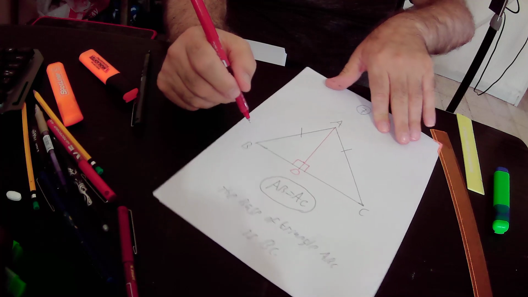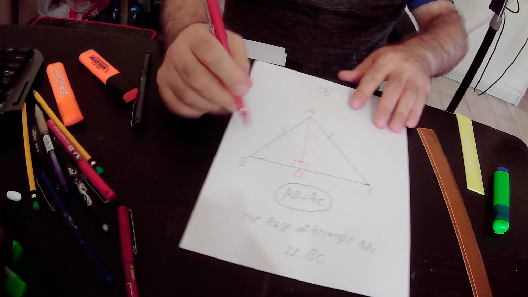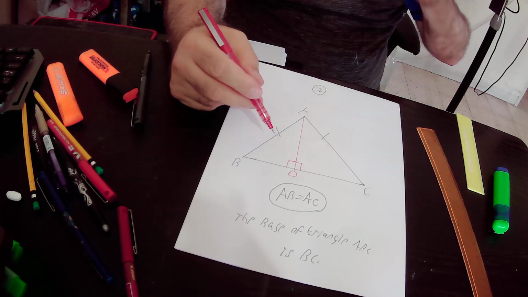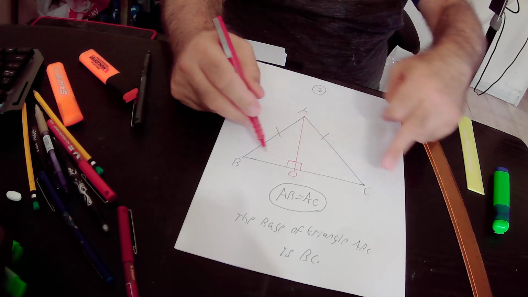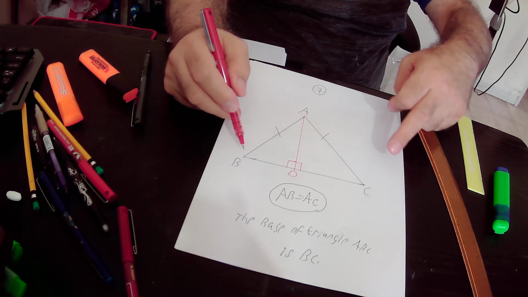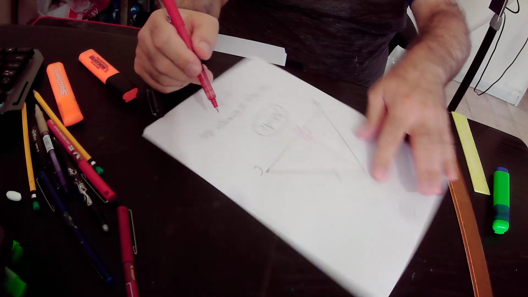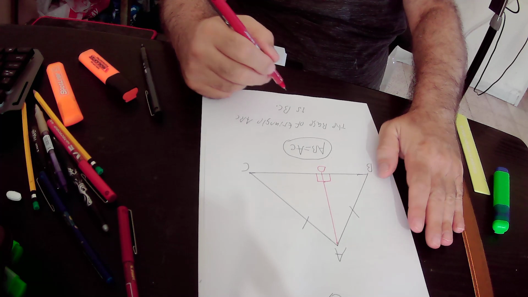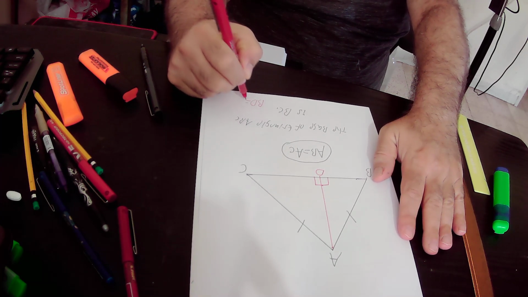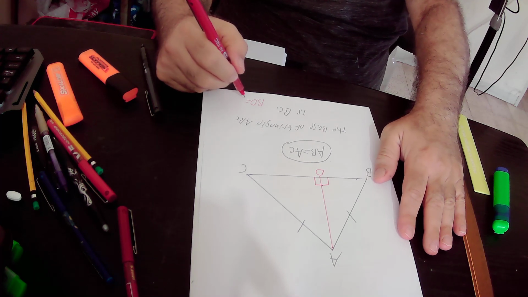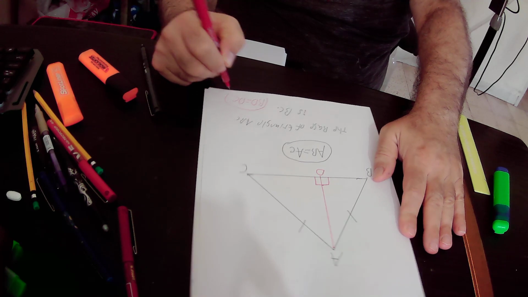According to rule number 3, the height to the base in an isosceles triangle ABC divides the base BC into two equal parts. That is to say, BD equals DC. That is rule number 3.